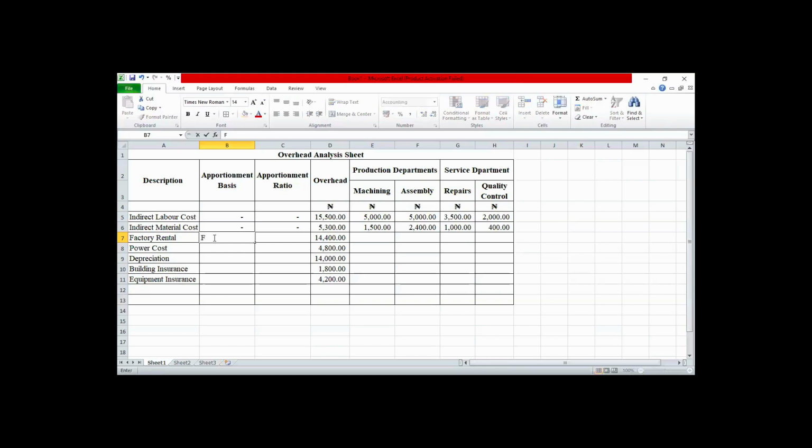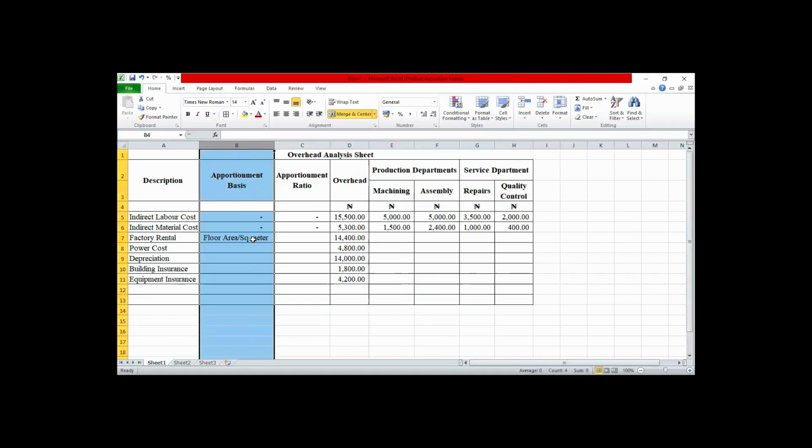Floor area per square meter. Okay. Is it clear? Yes, sir.